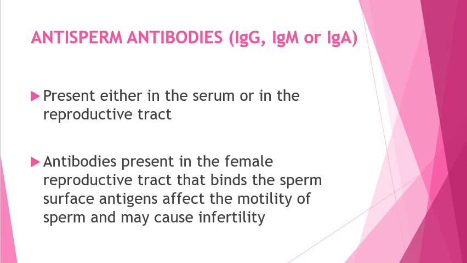Anti-sperm antibodies like IgG, IgM or IgA are present either in the serum or in the reproductive tract. Antibodies present in the female reproductive tract that bind the sperm surface antigens affect the motility of sperm and may cause infertility. So these are the various complex mechanisms of immunology of fertility, and immunology which happens during pregnancy and sustains the pregnancy for 9 months till delivery.